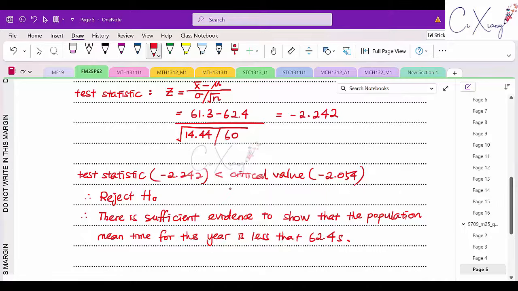Okay, so this is a conclusion that is written in the context of the question.